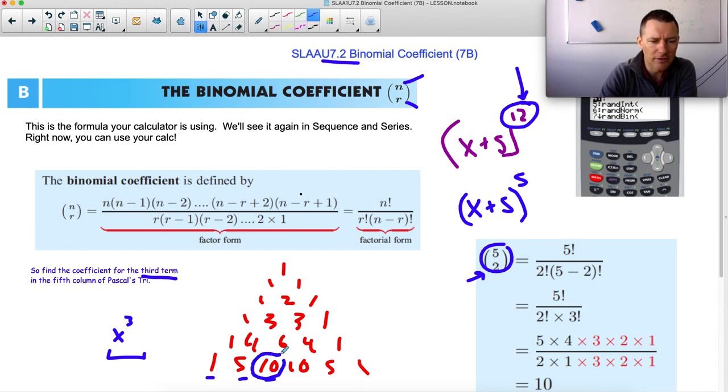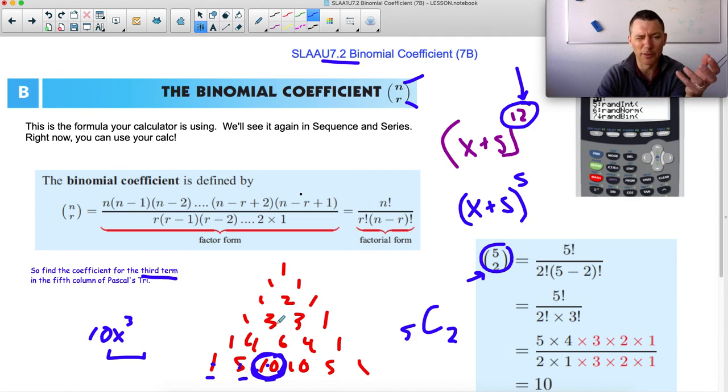I want to know this 10 without having to build Pascal's triangle. You'd ask your calculator for 5 choose 2, because this is the 0th thing, then first, second, third. So you do 5 choose 2, and you'd find that 10, and that's the thing that's in front.